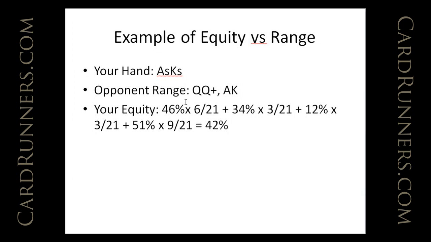So our equity is going to be 46% times the 6 queens over 21 total combos, and then continue to sum over the remainder. So you can pull up PokerStove and see that you have 34% equity against kings, 12% equity against aces, and 51% equity against ace-king.